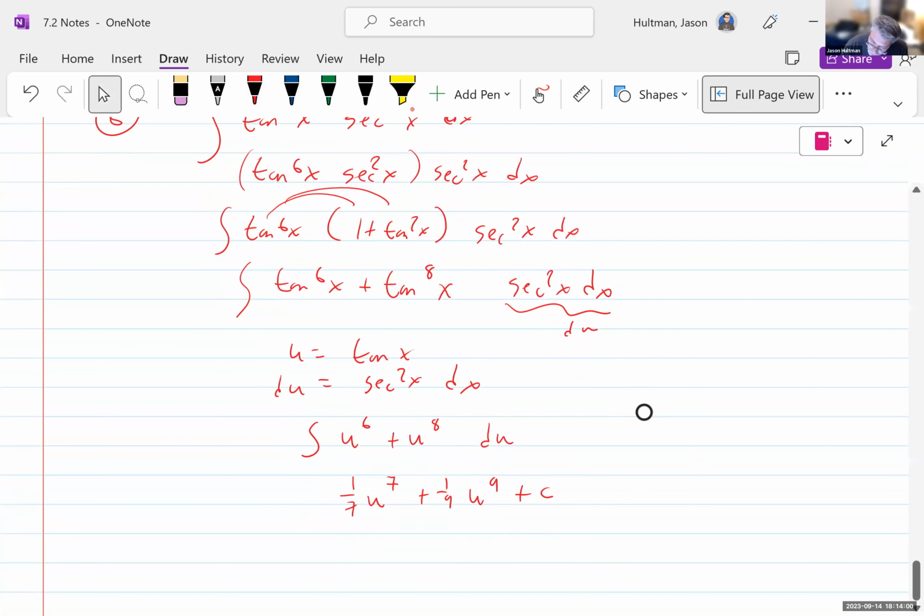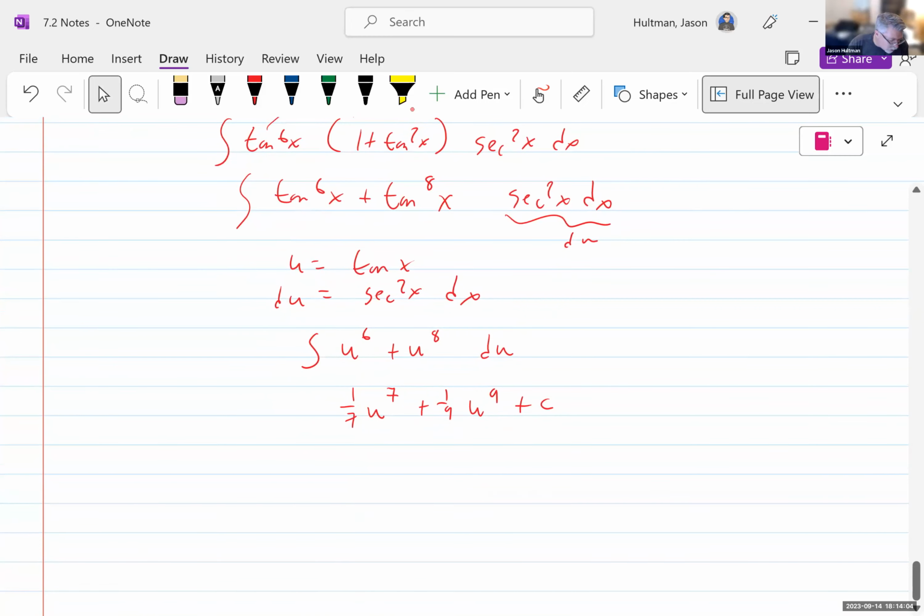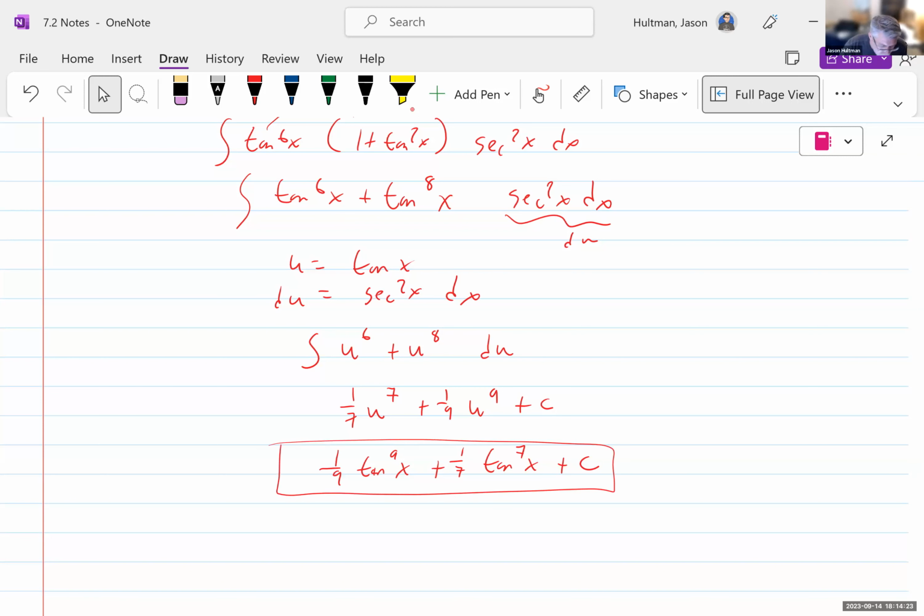And what was u? u was tangent x, right? So I'll rewrite it as 1/9 tangent to the 9th of x plus 1/7 tangent to the 7th x plus c. Always plus c.